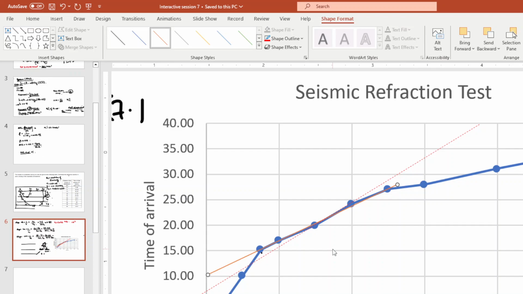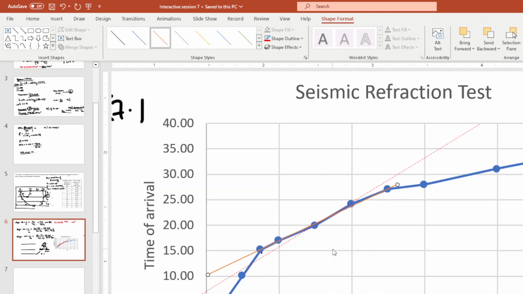Okay, let me calculate for this. Mm, what I have written here is a bit wrong.